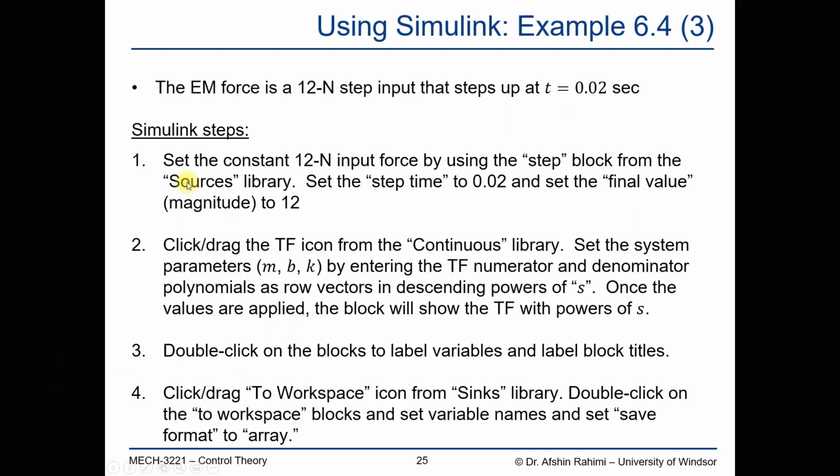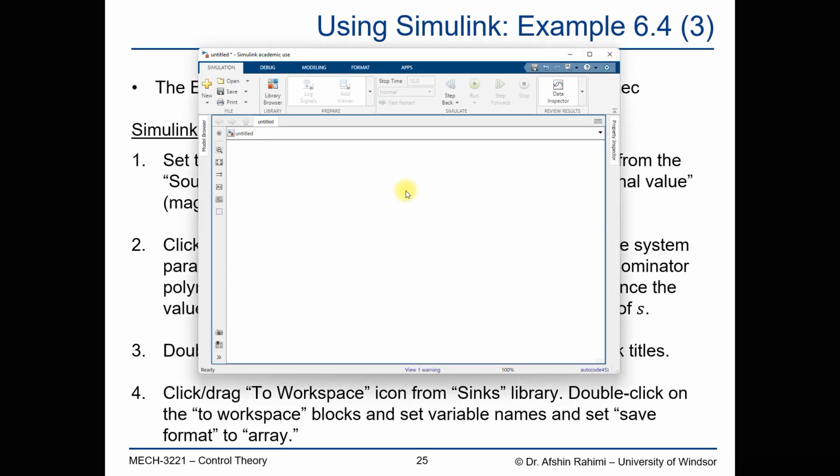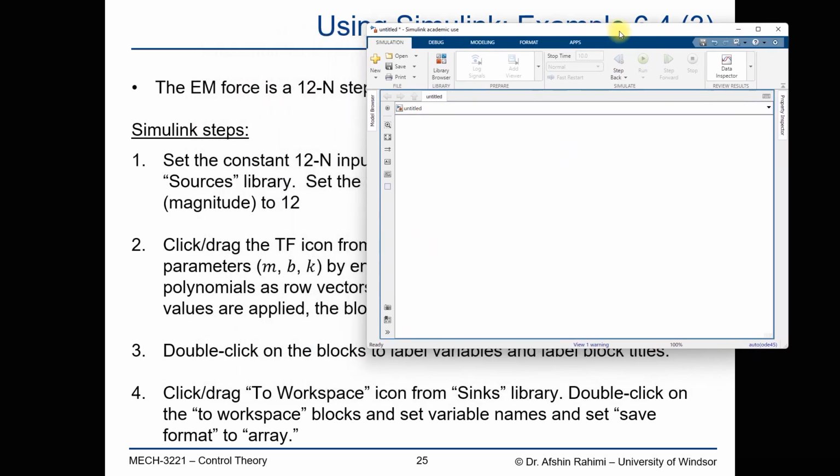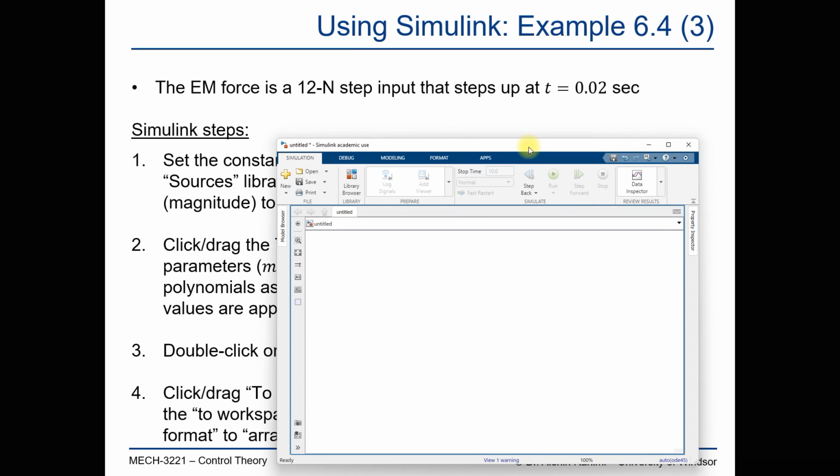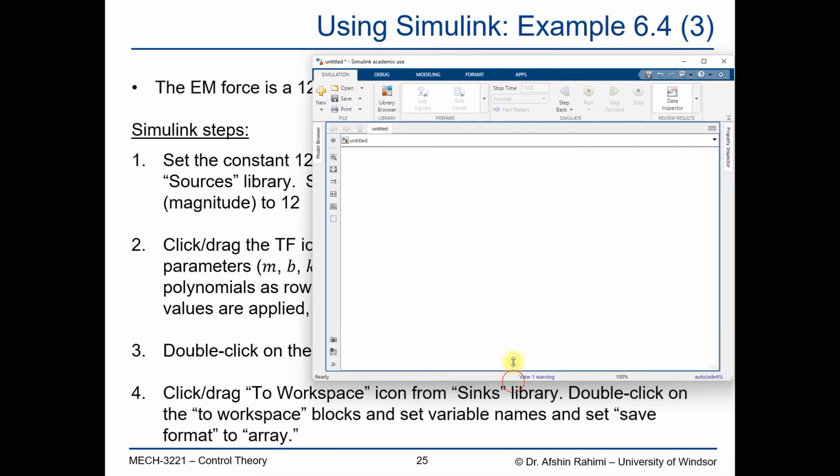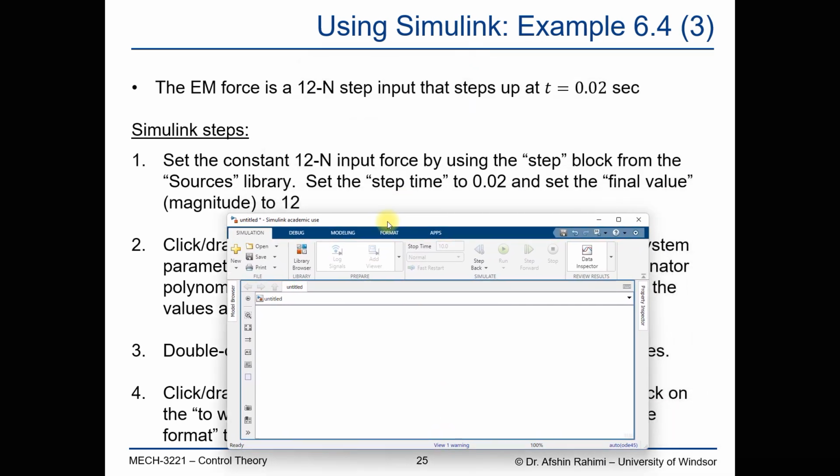So the first step says set the constant 12 Newton input force by using the step block from the sources. Set the step time to 0.02 and set the final value or magnitude to 12. So we need to go to our Simulink model, and here we should be able to resize this window so we can see the step.